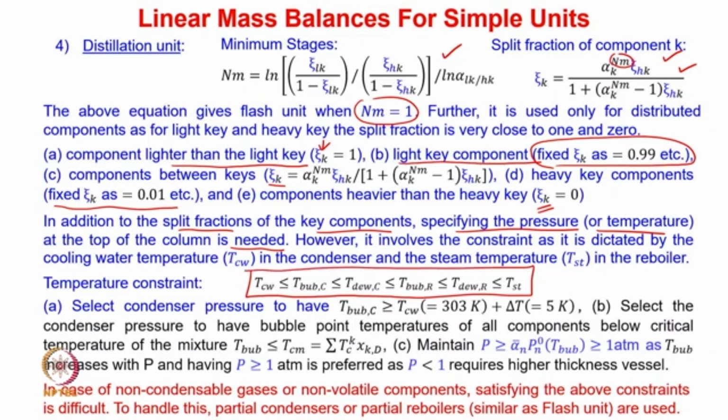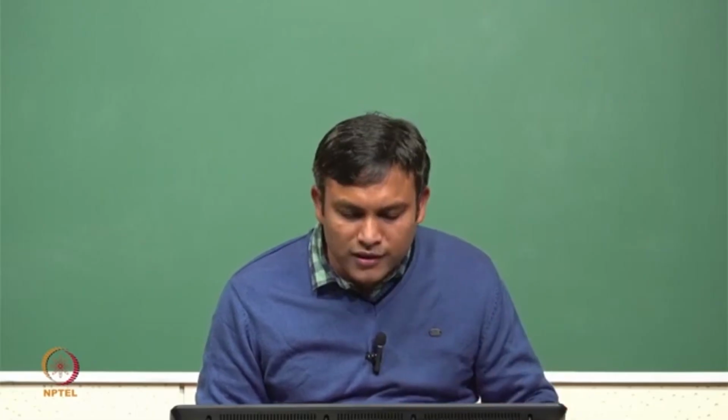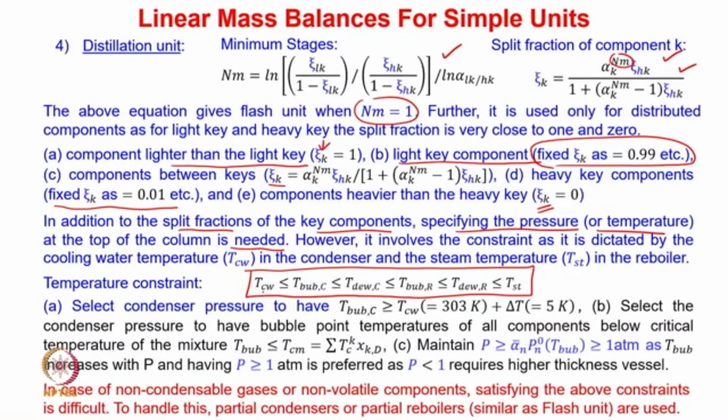We have to take the cooling water temperature as close to the ambient temperature as possible, because a large amount of cooling water needs to be used in the distillation operation, and if the cooling water temperature is close to room temperature, then the utility cost decreases significantly. So the bubble point temperature of the condenser has to be greater than the cooling water temperature. This is the first constraint.